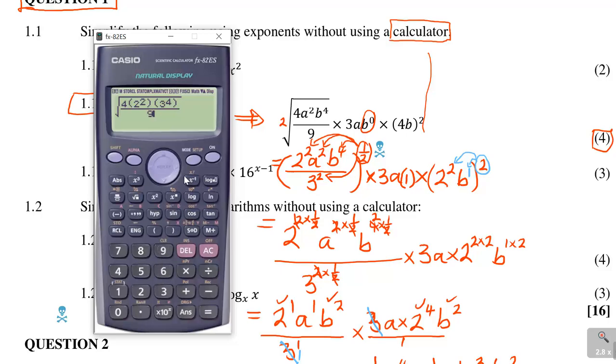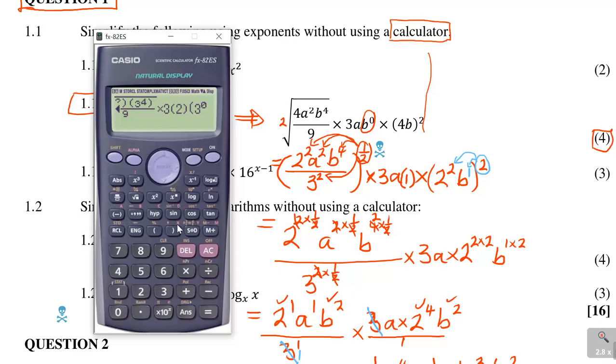And then I go over 9 forward times, and then it's 3. Remember my a is 2, and then my b in this case is 3 to the power of 0.